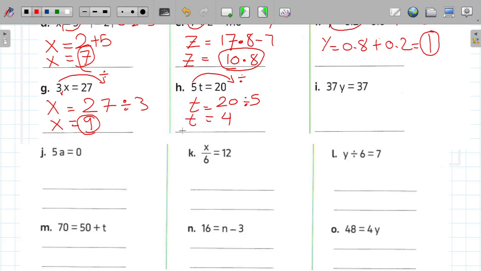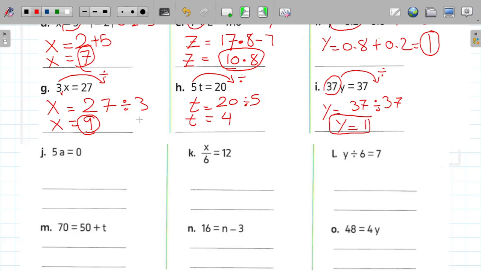So t is 4, or the value of t is 4. Next, 37 times y equals 37. So I will send 37 here to the other side with the inverse operation, so it will be like division. Okay, so the value of y equals 37 divided by 37 equals 1. So the value of y is 1.